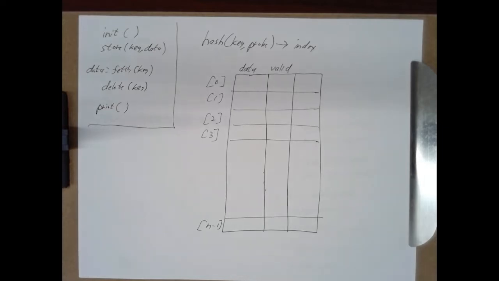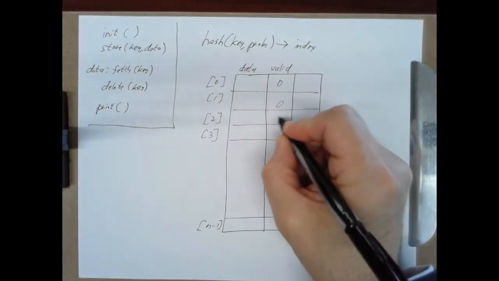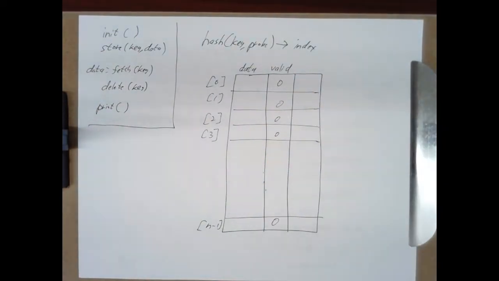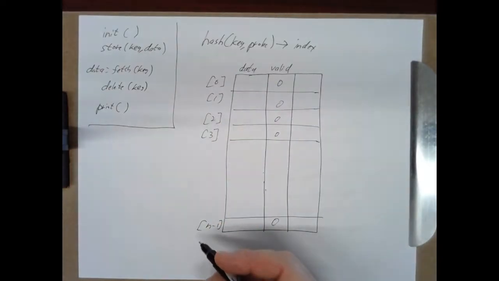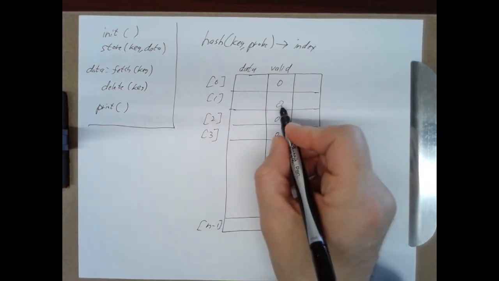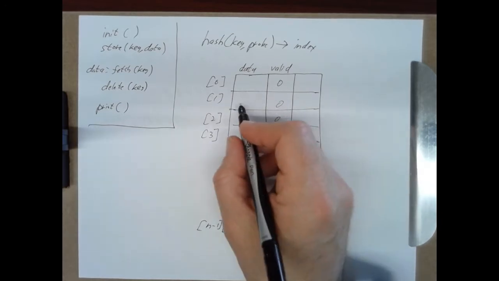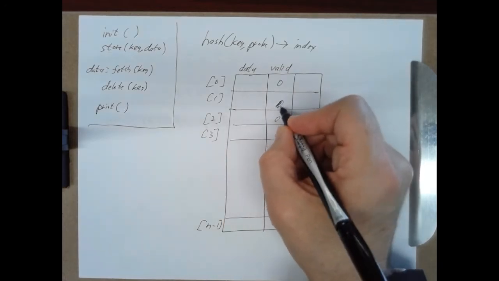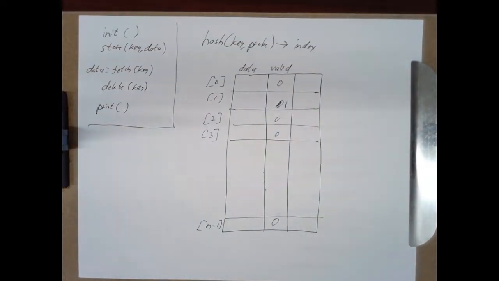So our valid flags would initially be set to zeros. And now when we want to store something, we hash it with a probe of 0. We find the index. We look at that location and we say, is there something already in this location? And if there's not, we can store our data there and change the valid flag to a 1.